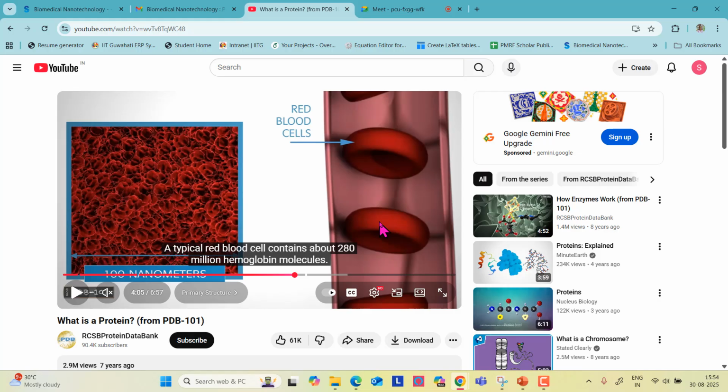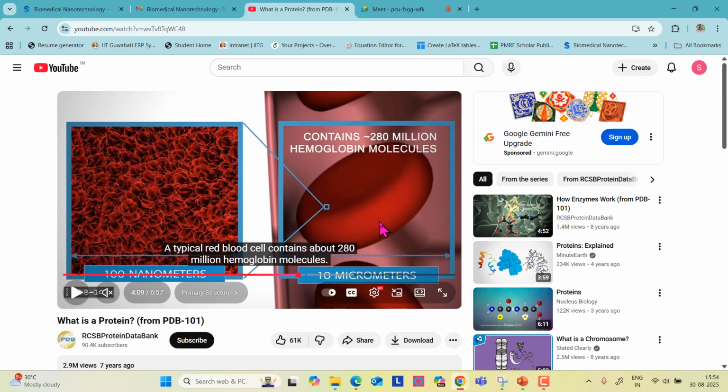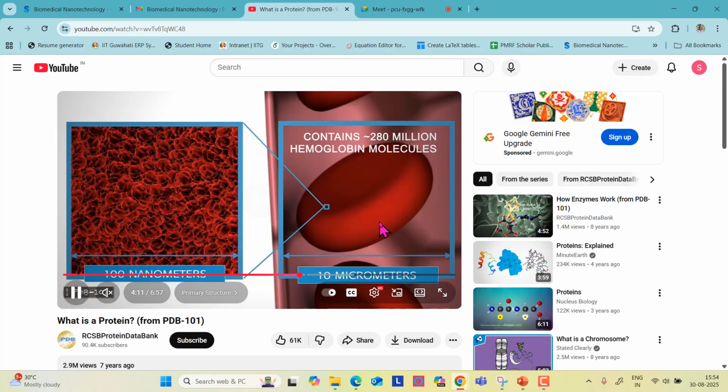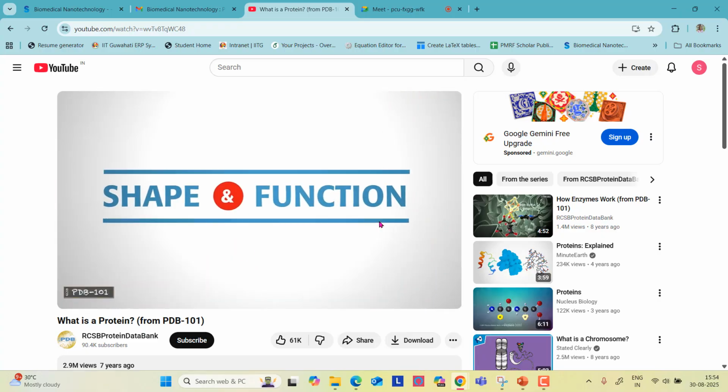So a typical red blood cell contains about 280 million hemoglobin molecules. Just imagine the vast mass. So now 280 million of hemoglobin means almost 10 micrometer size, right?